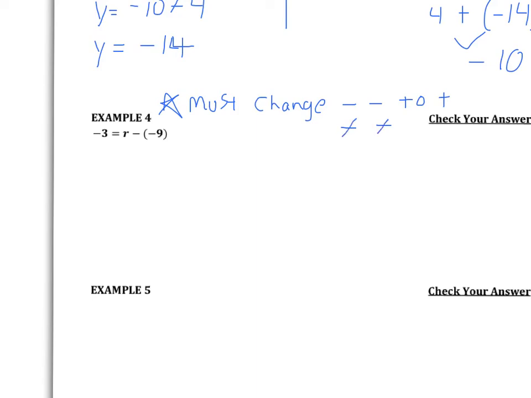Well, plus a positive is the same thing as just regular addition. So we're actually going to rewrite this to be negative 3 is equal to r plus 9. Again, this minus a negative turns into plus a positive, which is the same as addition.